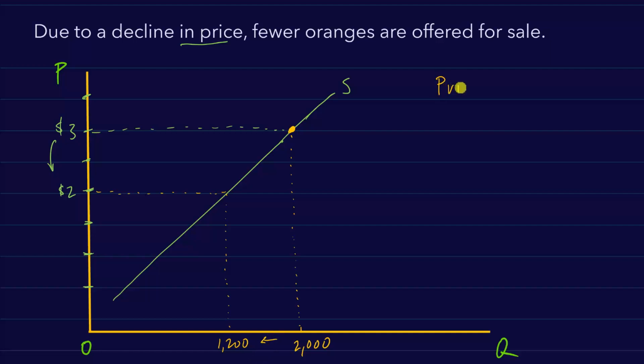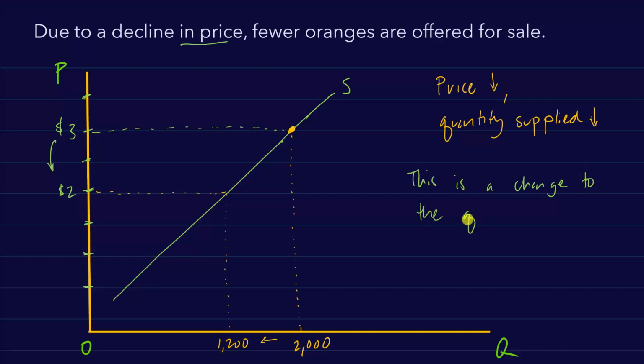All right, so price of the good declines, quantity supplied will decline. So obviously this is a change to the quantity supplied.